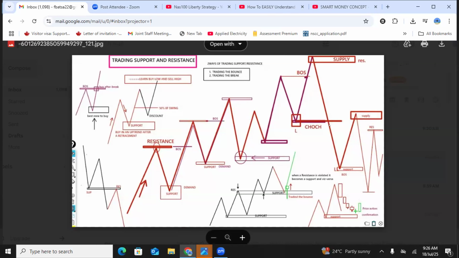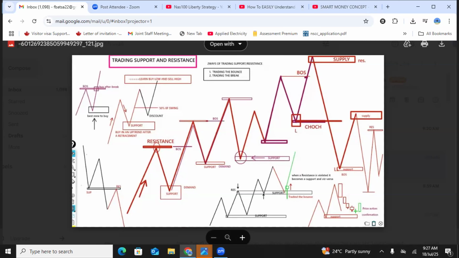When it breaks it, then you know there is going to be a sell, because it has broken the structure and now there's a change of character. What do we mean by change of character? It means it's no longer an uptrend going higher high, but now it quickly dropped. So this tells us there is a change of behavior.